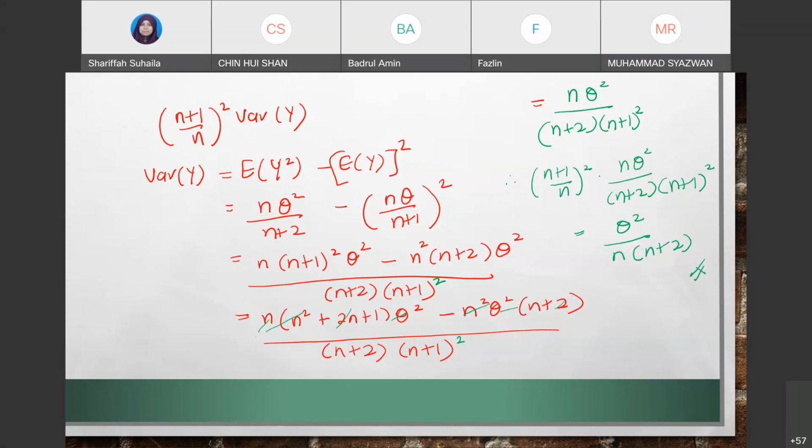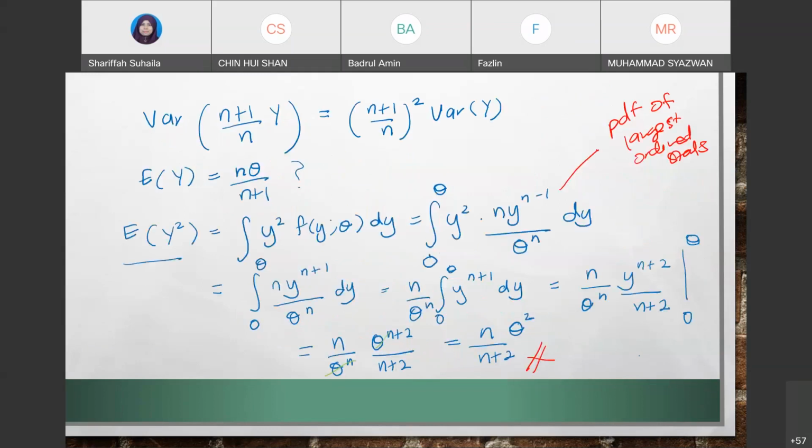Okay, so this one, we have n plus 1 over n square variance y. So we will get here theta square over n plus 2. This is our unbiased estimator variance theta hat.